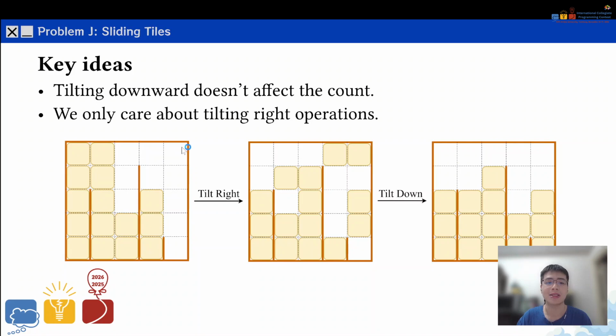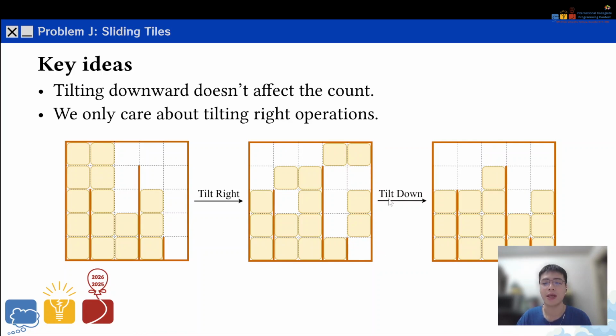In this example, we first tilt right, which makes some tiles move right. For example, this tile moves to the fifth column. And for this tile, because it was blocked by this tile, it moves to the fourth column instead. So this is the tilt right operation.